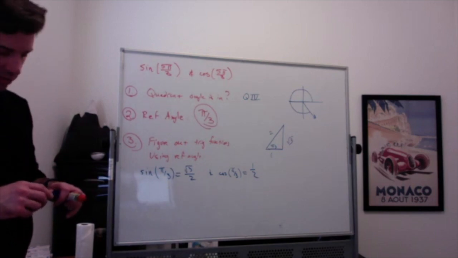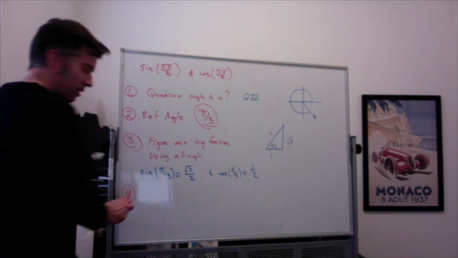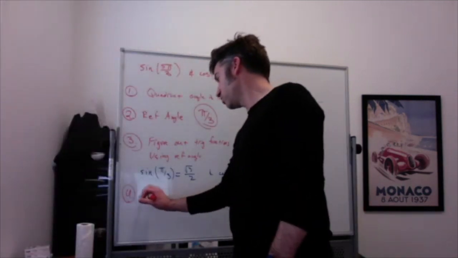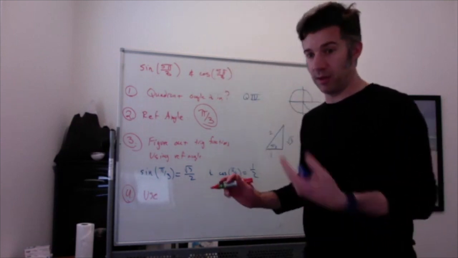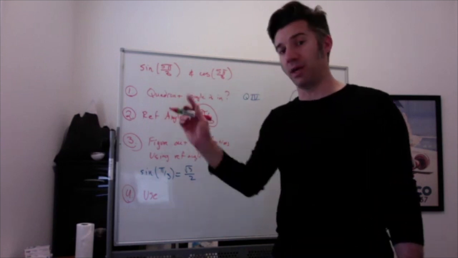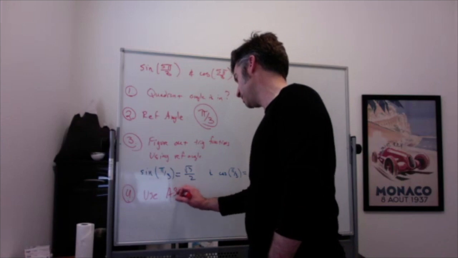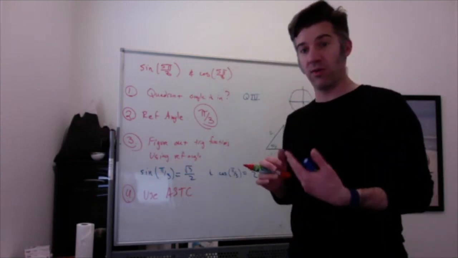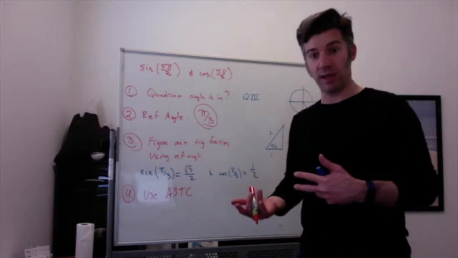So then the last part, and this is the part we maybe haven't talked about yet, we're going to use an acronym, which we'll talk about in a second. I'm going to say the thing and then we'll talk about why it works. So use the all students take calculus acronym to determine whether sine, cosine, tangent, etc. are positive or negative.